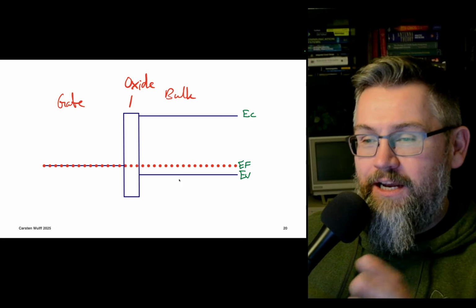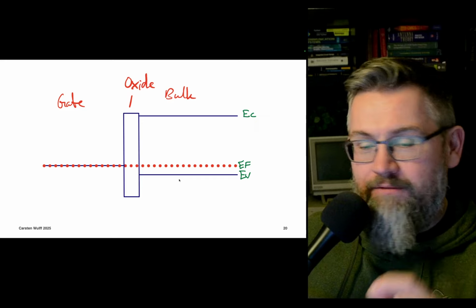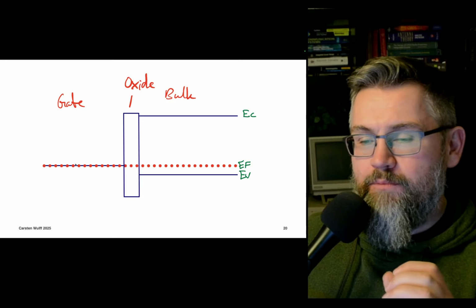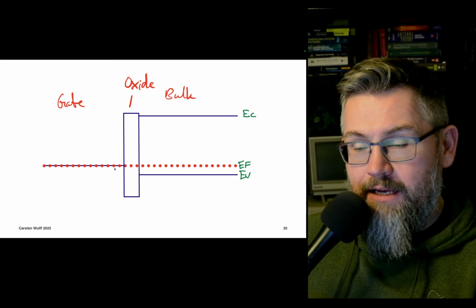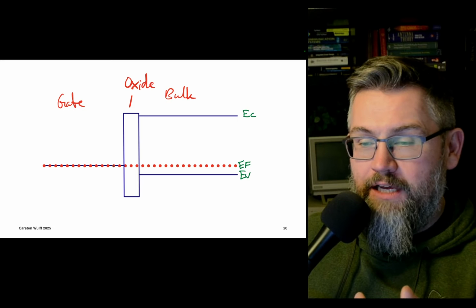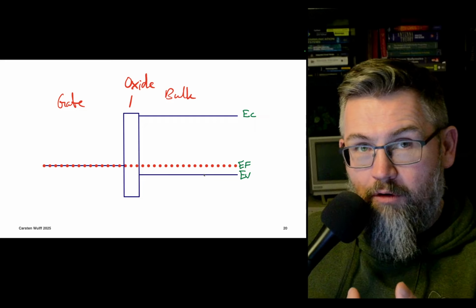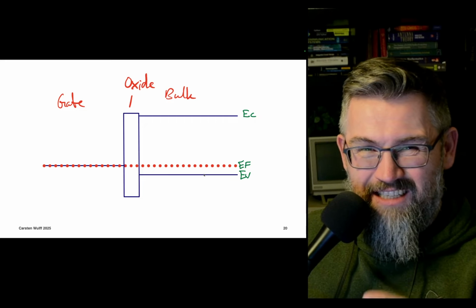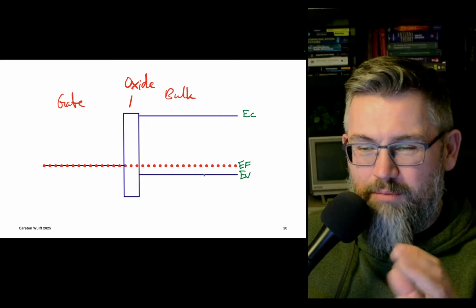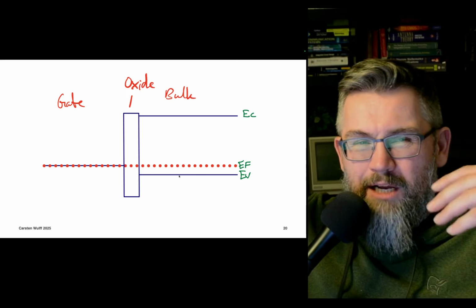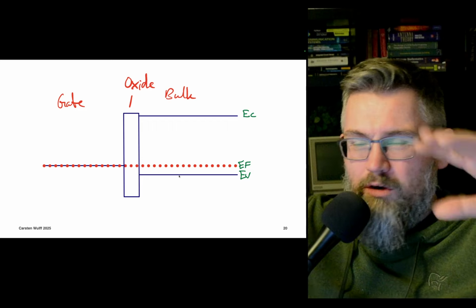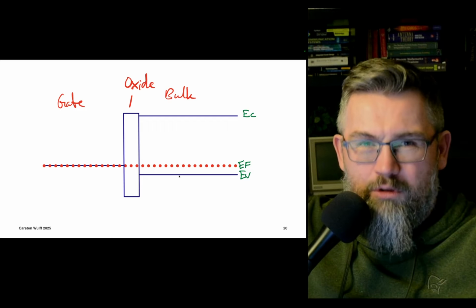And what we're looking at now is an idealized image where we have a metal gate, where the Fermi level of the metal gate is such that it aligns with the Fermi level of the silicon. I don't think that's necessarily possible, but let's ignore that for now. Usually there's a slight difference in the Fermi levels, and then you get a work function difference, and that modulates the threshold voltage.